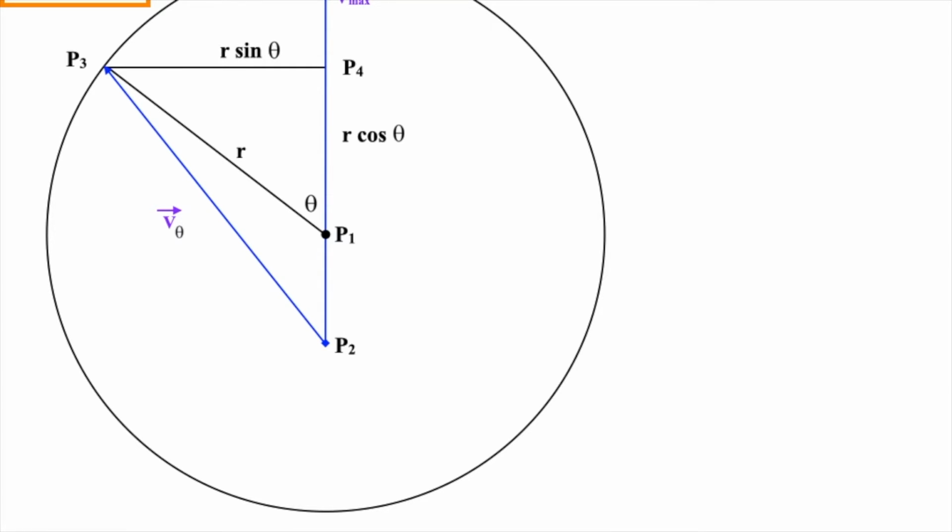Recall that we have previously established that Vmax equals 1 plus e times r. Therefore, the length of segment P1, P2 is simply e times r. Vmax and V theta form an unknown angle, which we will call beta.